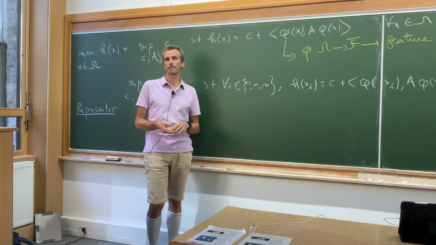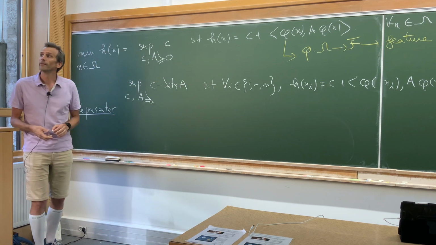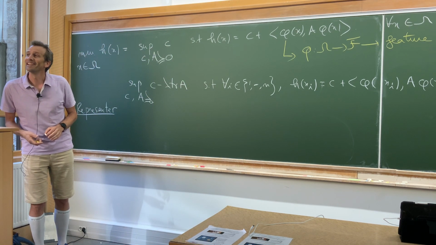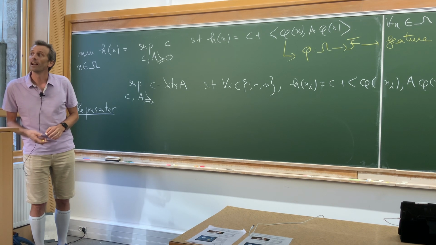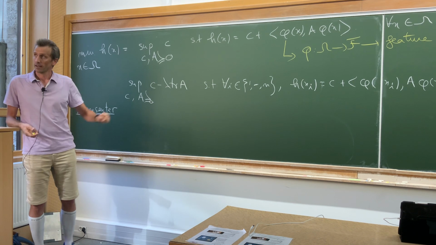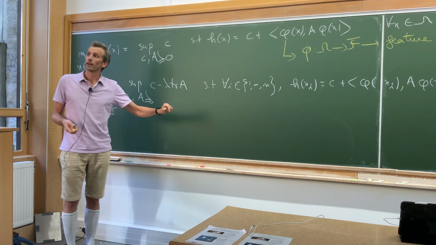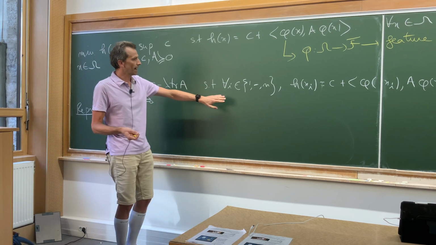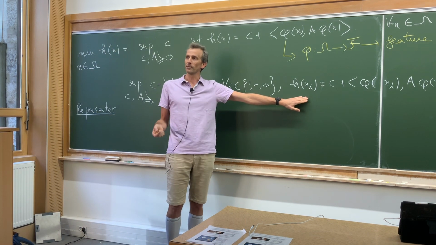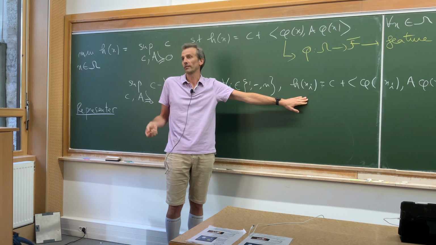Okay, thanks. Francis? You're not talking about what distribution you sample the x's from. So you need some coverage of omega somehow. Is that coming into play? Yeah, good question. Here, I need the x_i's to be random on omega, uniformly at random, so you have coverage.